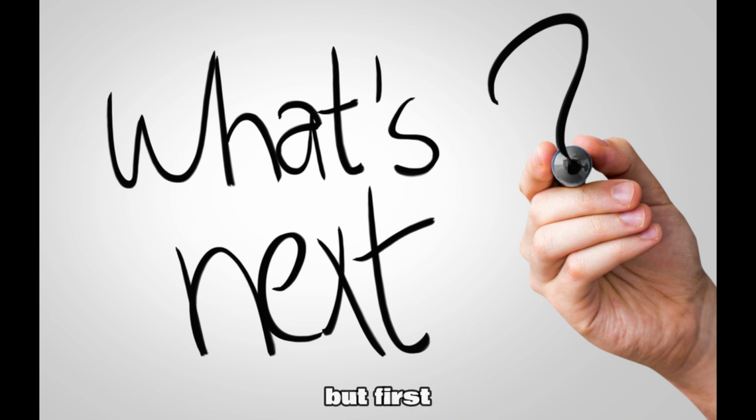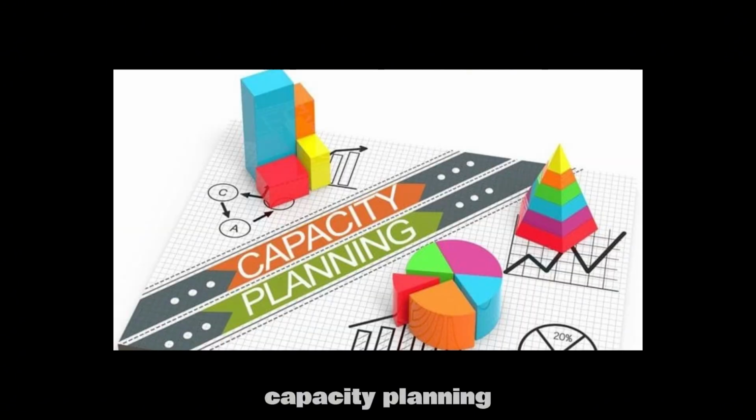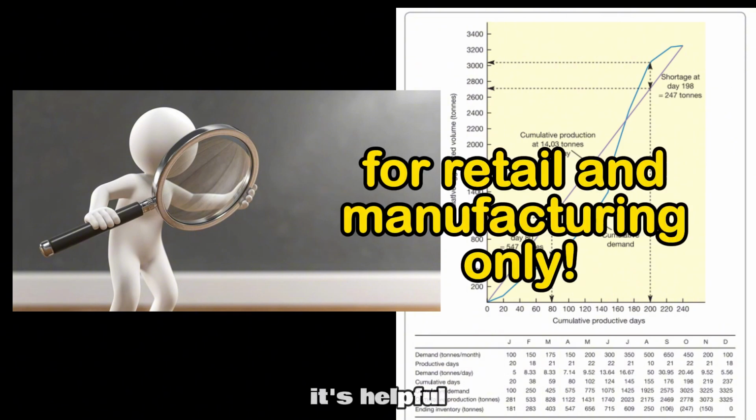But first, we have to answer this question. How does capacity planning relate to waiting? Capacity planning involves ensuring that a business can meet the demand for its products or services efficiently. When we look at capacity planning in terms of cumulative representations, it's helpful for operations that can store their finished products as inventory.